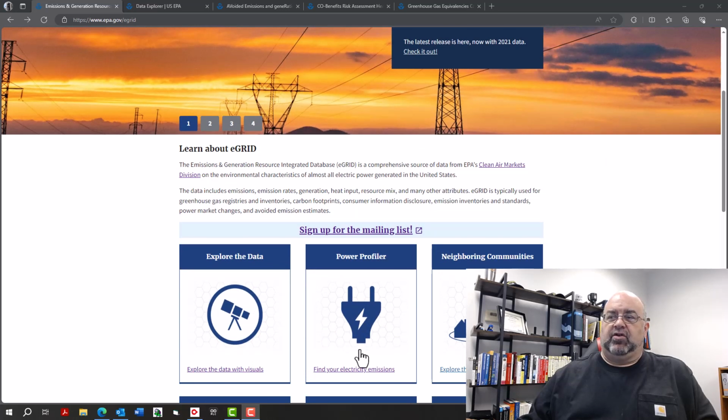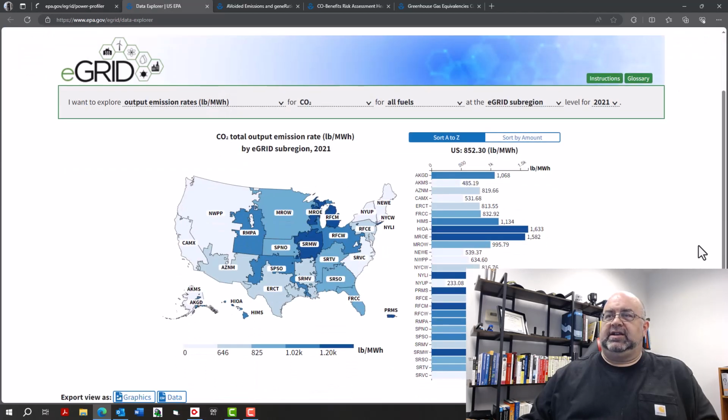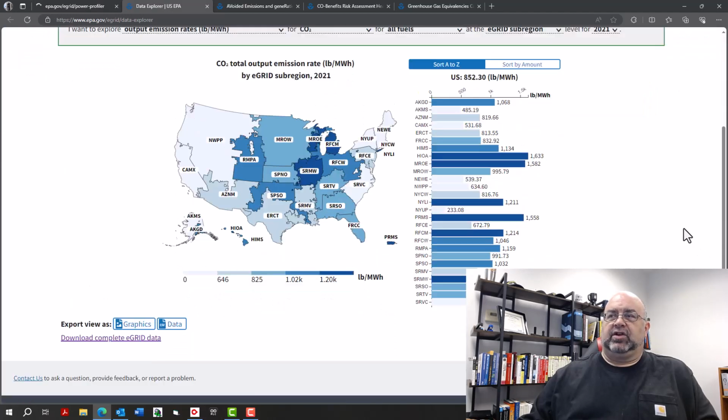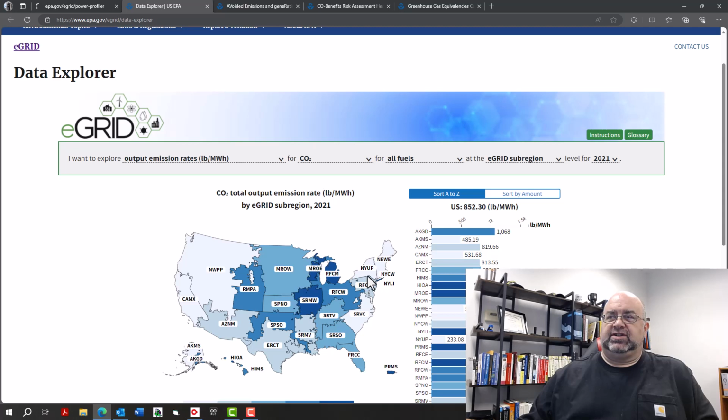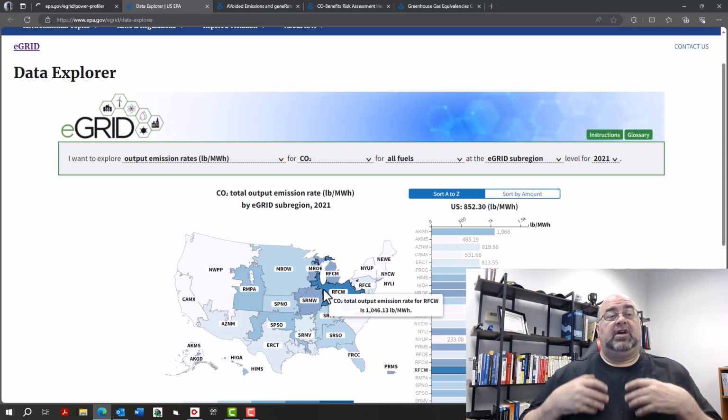So if I were to go in here and I wanted to see my emissions, I would click on this, and this would actually take me over to Data Explorer. And in Data Explorer, I can look at different regions and so on. So let's say the CO2 total output emission rate, that means the total production related emissions.